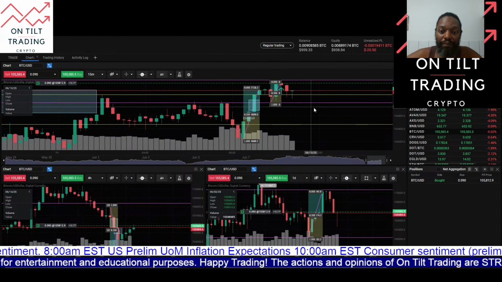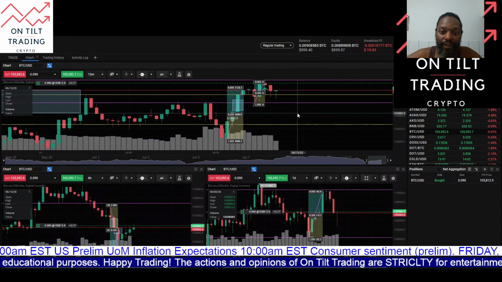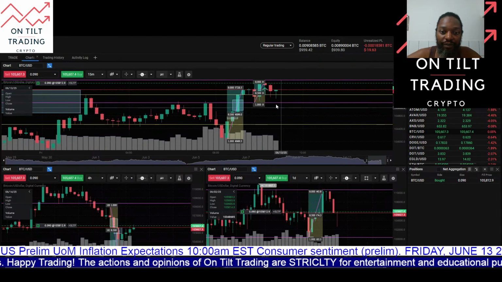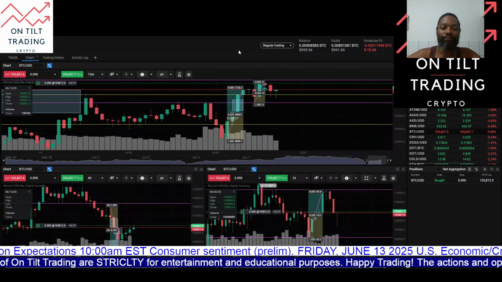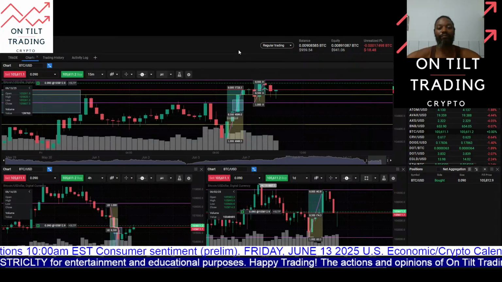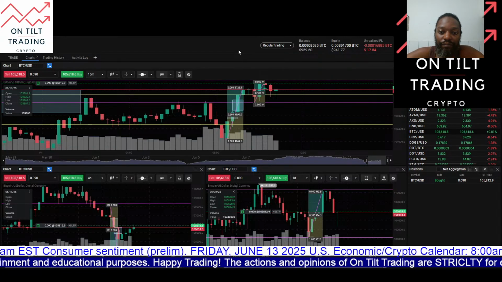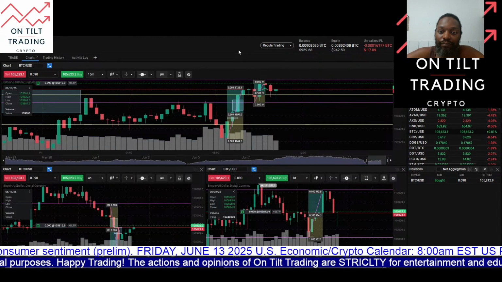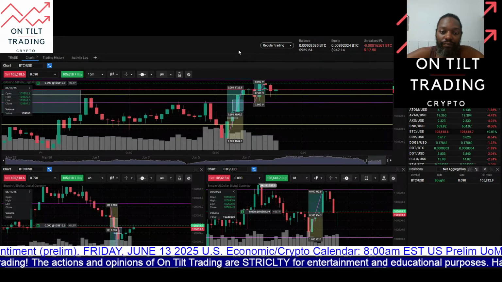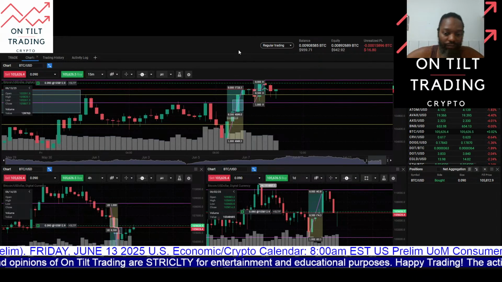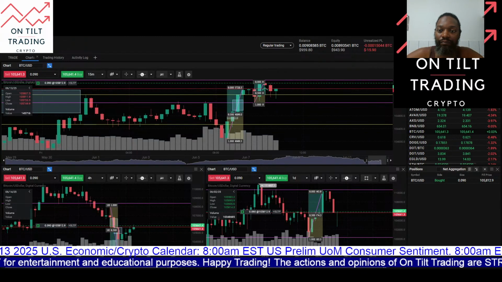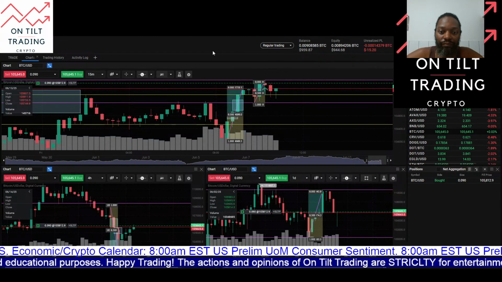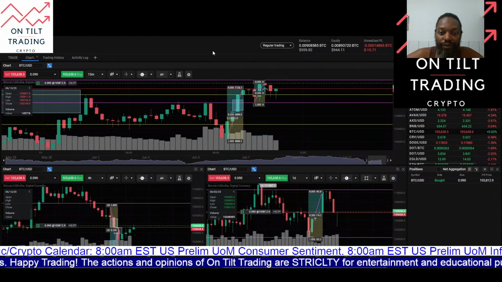And it seems that price is now being delivered to the long side in this candle. This candle showing a lot of strength.